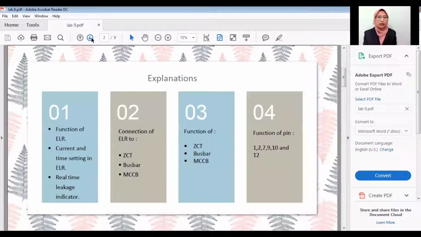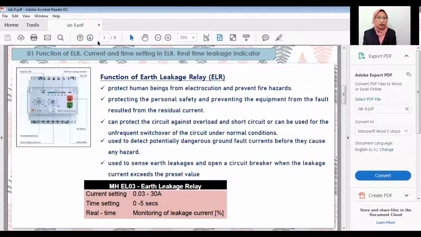So in this slide, we'll have explanations for function of ELR, current and time setting in ELR, time leakage indicator, connection of ELR to ZCT, bus bar and MCCB, function of ZCT, bus bar and MCCB, and lastly function of pin of ELR.